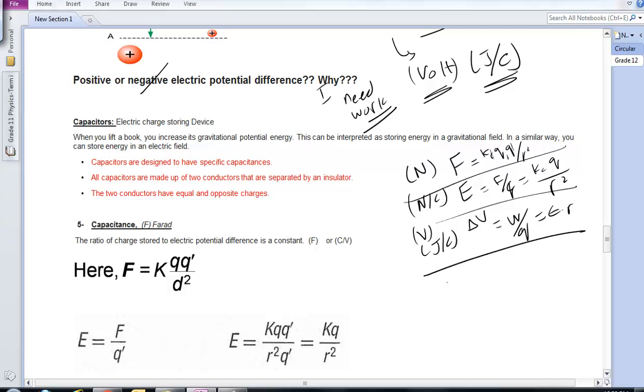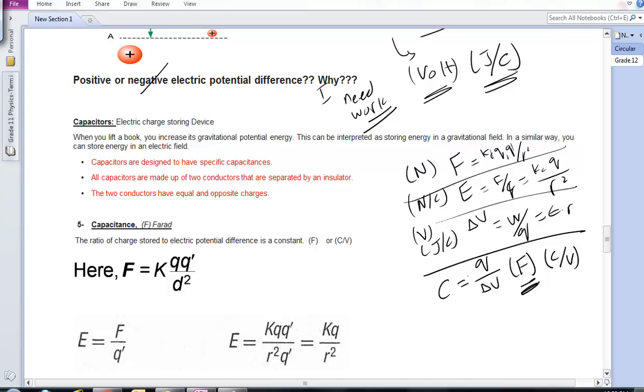Now we go to the capacitance, and the capacitance is equal to Q over delta V, which is measured in farad, or there is another unit, which is coulombs per volt. So you can use this or that, but basically we use the farad. If you want to define C, don't lose your time.